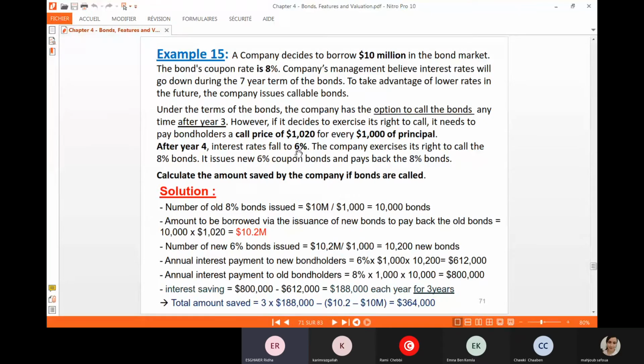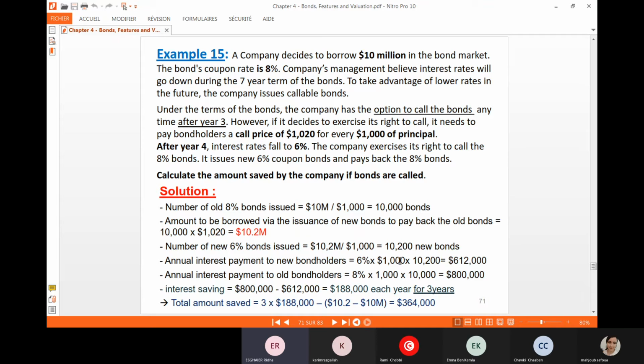The coupon rate is 6%. You will sell each bond at 1,000. So you need to issue 10,200 new bonds with 6% coupon rate. The coupon rate is 6%. The par value is 1,000.